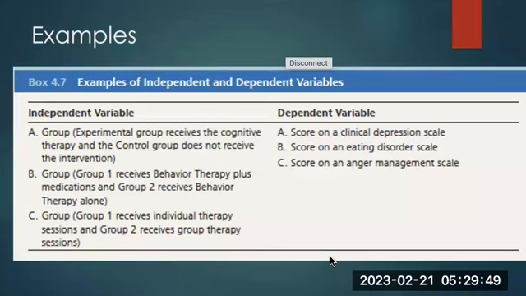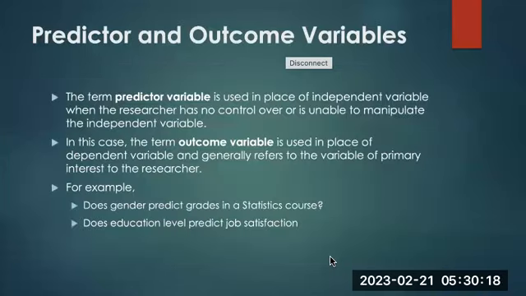Another example: group 1 receives behavioral therapy plus medication, and group 2 only receives behavioral therapy alone, and the dependent variable can be the score on an eating disorder scale. Here, example C: group 1 receives individual therapy and group 2 receives group therapy, and the dependent variable could be a score on an anger management scale.